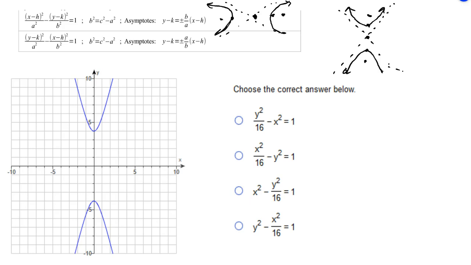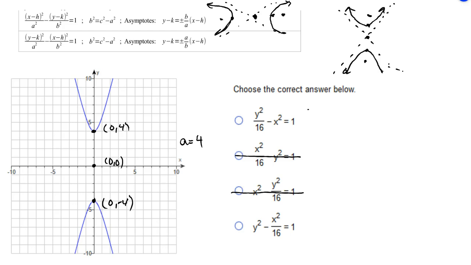So for this example, I'm taking a look at the picture, and you can see that we have vertices at 0, 4, and 0, negative 4, meaning the center of this hyperbola will be at 0, 0. That's also going to help us find the value of A to be 4. I can also see that this has a vertical orientation, and I can eliminate these two choices based on that orientation.